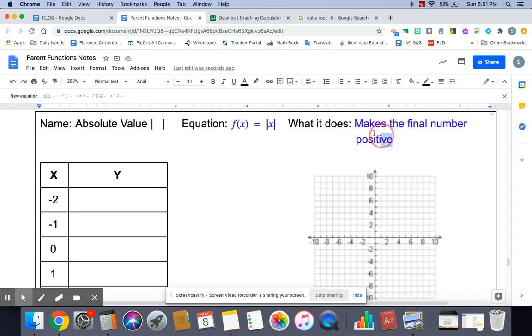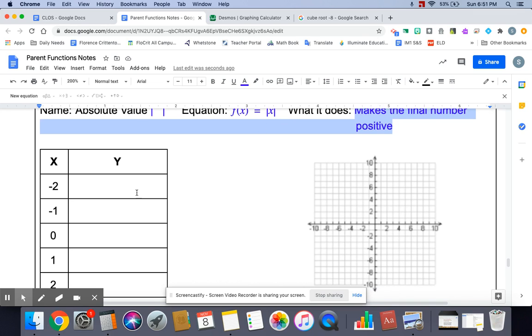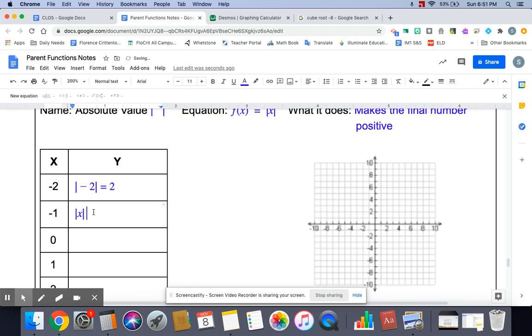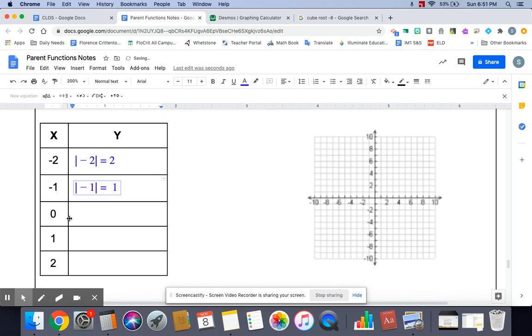So whatever the final number in the absolute value ends up being once it's down to one number, it's going to turn it positive. So if you did some math and you ended up with -2, the answer will become +2. You plug in -1, the answer becomes, what do you think? +1.